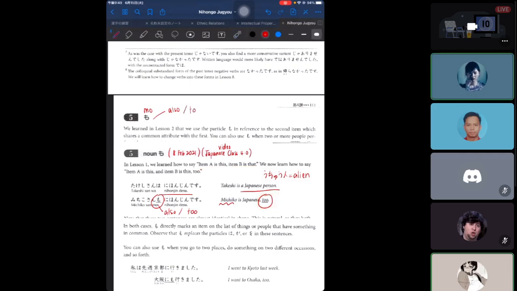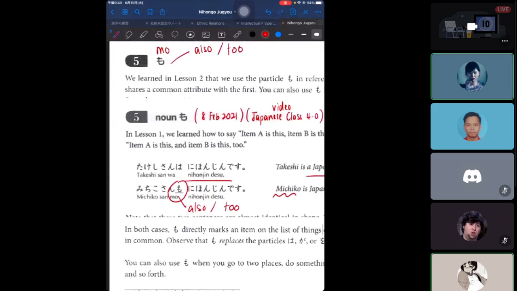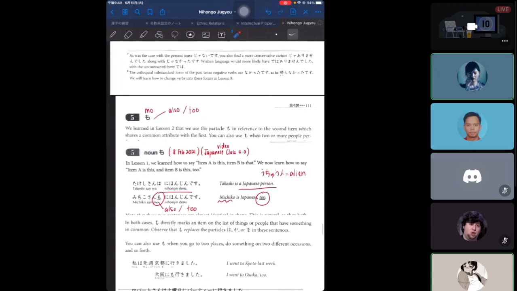For example, this one we've already learned: Takeshi-san wa Nihonjin desu. Takeshi-san is Japanese. And then they want to say Michiko-san is also Japanese, so they use mo. Michiko-san mo Nihonjin desu. This is the one that we learned in chapter 2 back then.